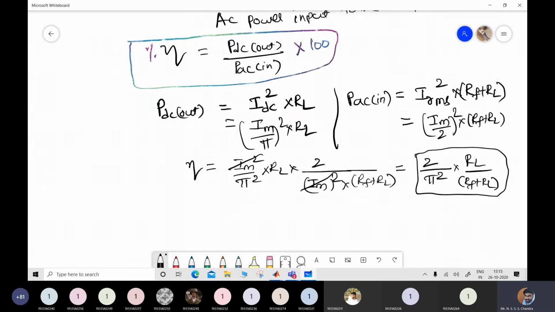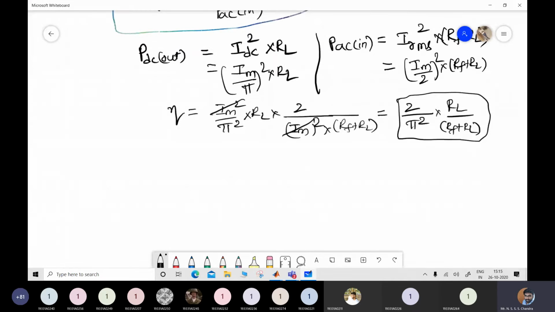Now consider the practical condition where diode resistance is very small compared to your load resistor. In that case, eta will be nearly equal to, if you neglect this RF, you are left with RL by RL, and they both get cancelled.